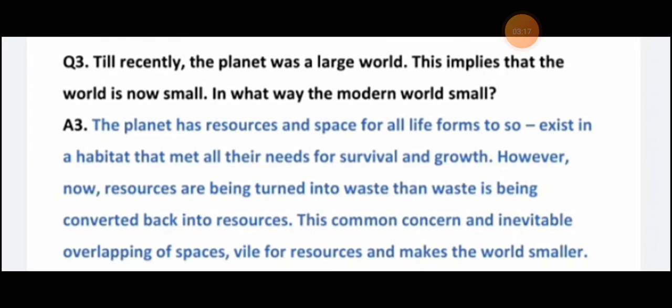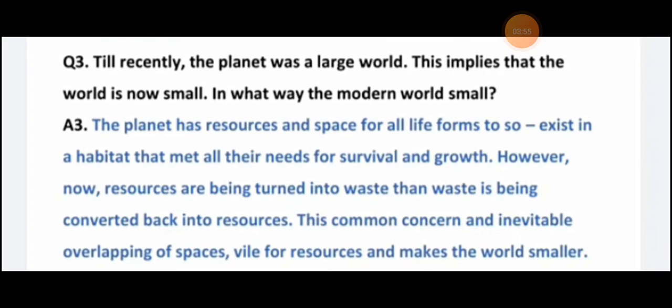There is space for all life forms to exist in a habitat that meets all their needs for survival and growth. However, the resources are being turned into waste faster than waste is being converted back into resources. This common concern and inevitable overlapping of space and competition for resources make the world smaller.